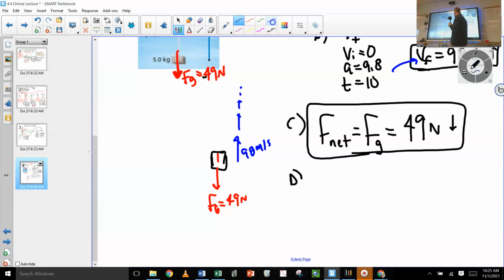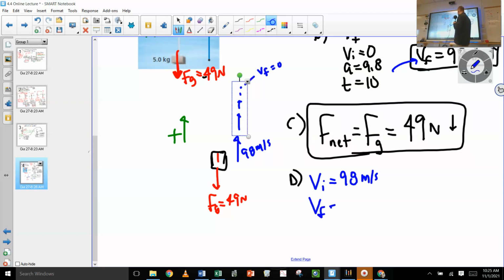I'm still going to treat up as positive, but my initial velocity is 98 meters per second, positive, and then at the very top, it comes to rest. The acceleration, it's accelerating in this direction under gravity, and that's the negative direction, right? Because this way is positive and gravity is pulling you down, so the acceleration is negative 9.8.